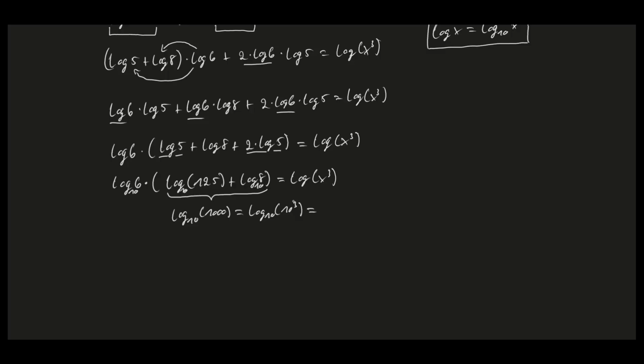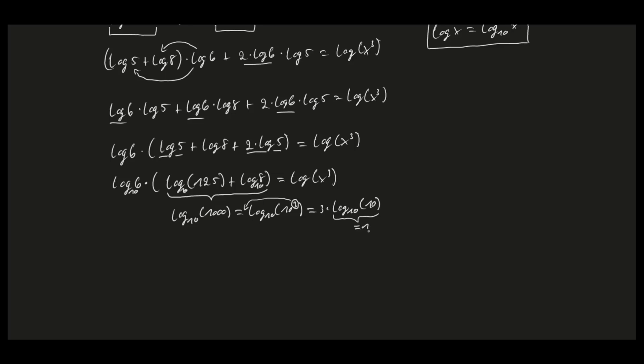So now we can use the second property here and bring this exponent in front of our logarithm: 3 times the logarithm to the base of 10 of 10, and this equals 1.